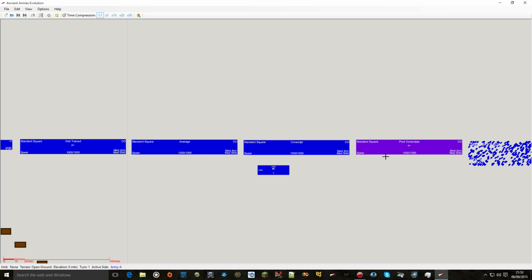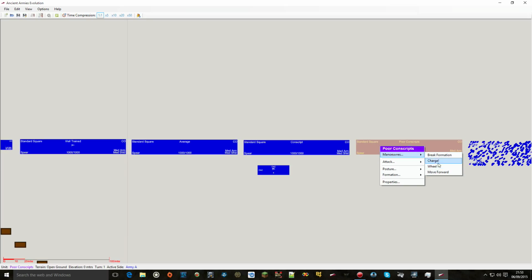The reason I put that in there is in Ancient Armies, not only does it differentiate between all the various bits and bobs regarding discipline and training, but you can also customize the maneuvers for the units. So for instance, if I right click on this conscript here, he's got all these maneuvers to pick from. If I right click on this one here, he has far fewer.